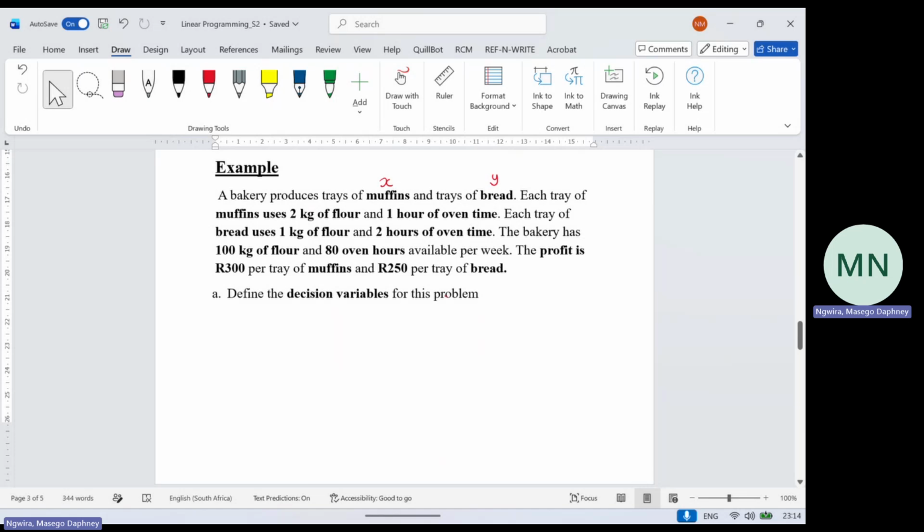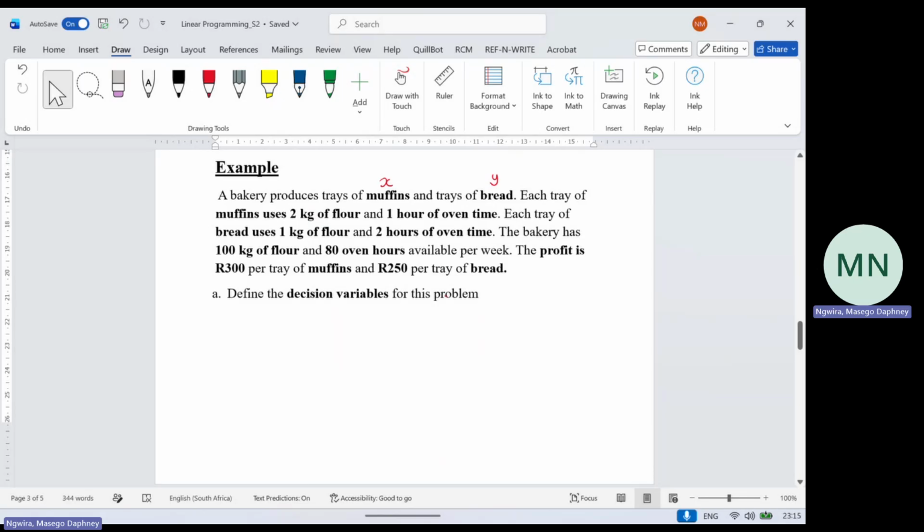Then the bakery has 100 kilograms of flour and 80 oven hours available per week. On your far right, you're going to have these two. And then the profit is 300 per tray of muffins and 250 per tray of bread.